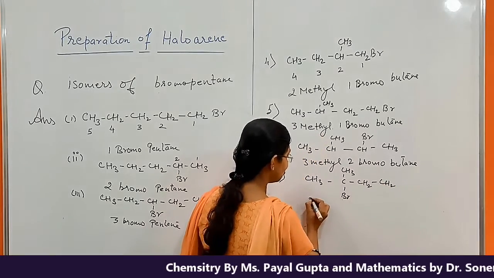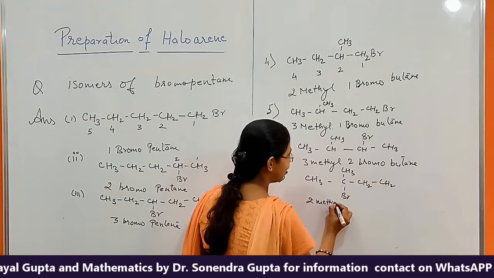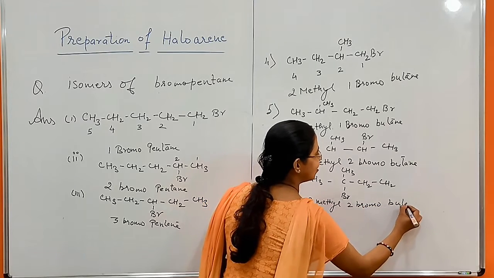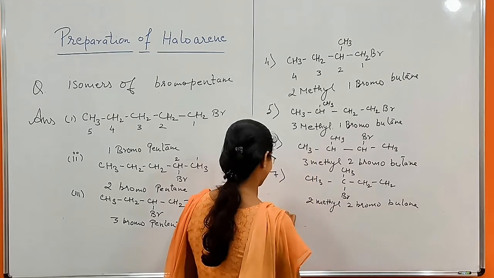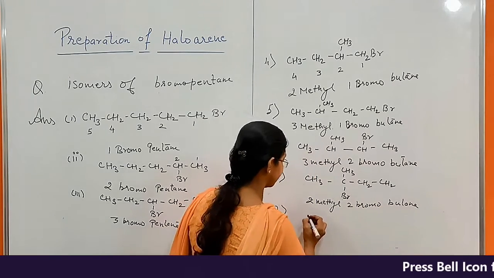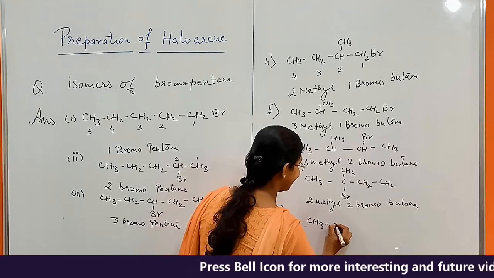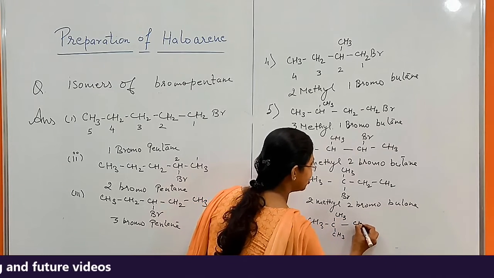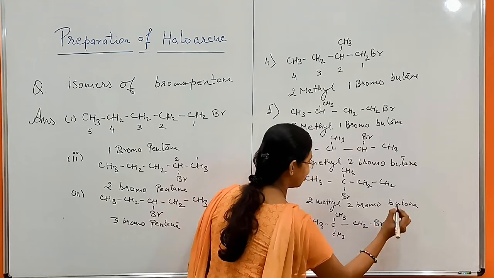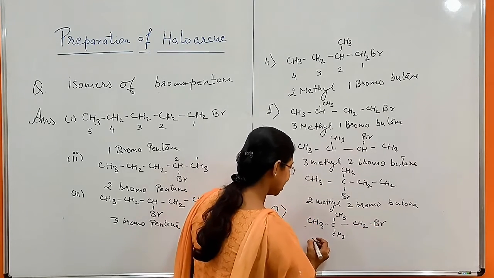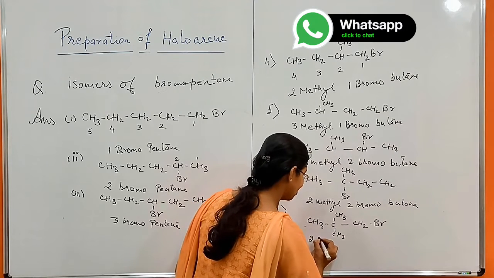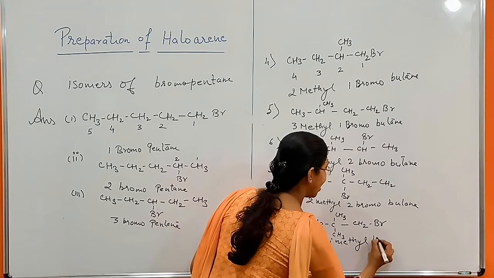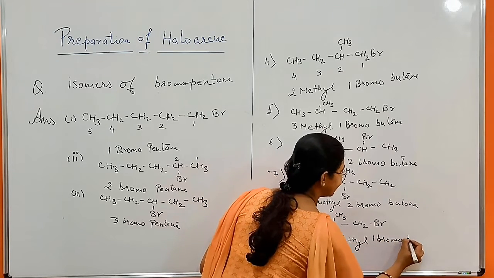So this is 2-methyl-2-bromobutane. Now the last one. Now it will be a propane compound. CH3C(CH3)(CH3)CH2Br. So the name of the compound is 2,2-dimethyl-1-bromopropane.